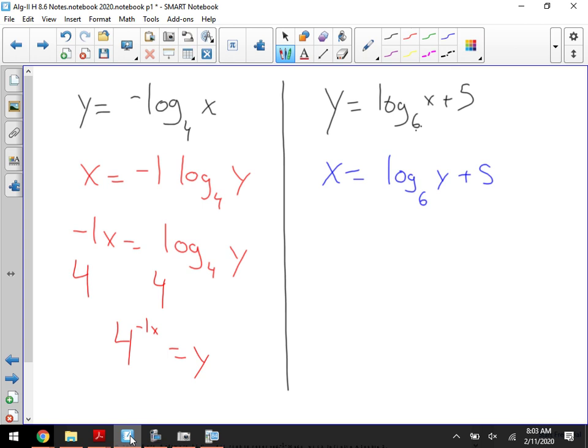You can't do anything about the log until I move the 5. So what do you do with 5? Subtract. So now you have x minus 5 is the log base 6 of y. Now you have to 6 it. Yep. So your answer is 6 to the x minus 5 is y.